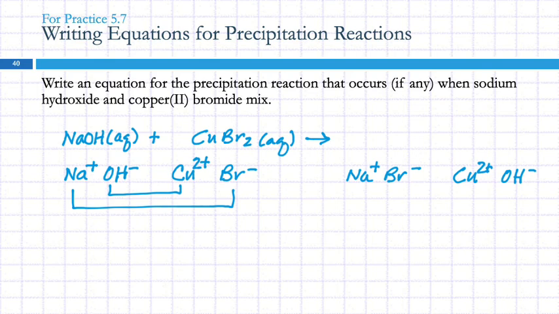Before I bother to write formulas for those products, I'm going to check to see if they're soluble or not. Because if they're all soluble, then I don't need to bother. Well, sodium and bromide, is this going to be soluble or insoluble? Soluble, because if I look at the table, sodium compounds are always soluble. Sodium doesn't form insoluble compounds, just doesn't.